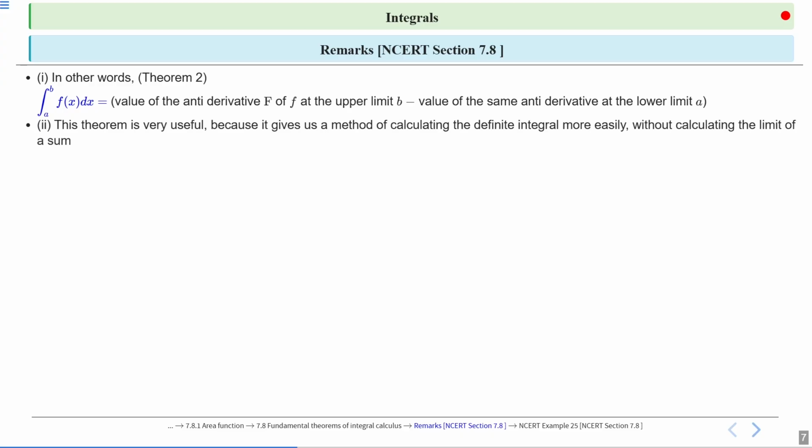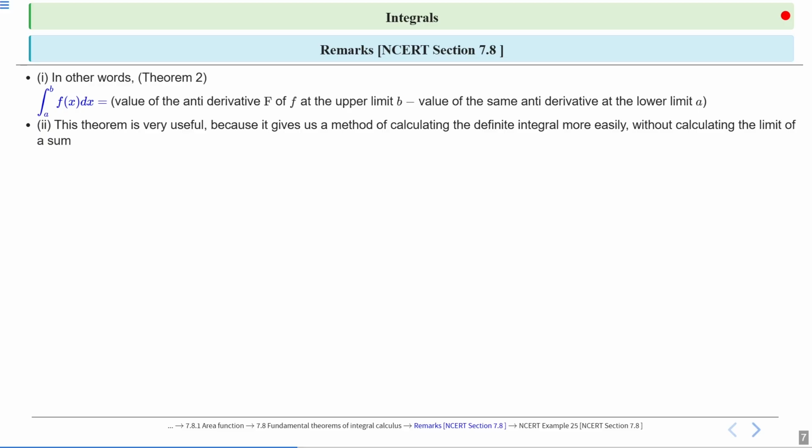This theorem is very useful because it gives us a method of calculating the definite integral more easily, without calculating the limit of a sum. In an earlier chapter, we learned about the limit of a sum, so we can calculate the definite integral by calculating its limit of a sum. But by using the second fundamental theorem of integral calculus, we don't need to.